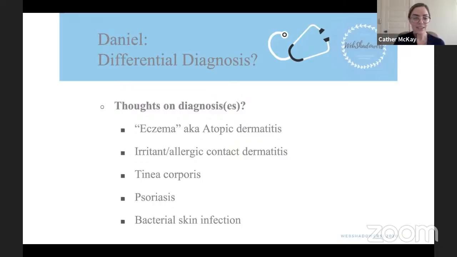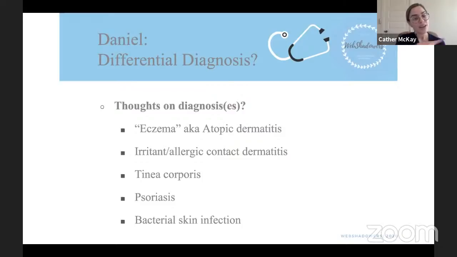So other things you could think about. I mean, this is a pretty clear case of atopic dermatitis, but irritant or allergic contact dermatitis. So you could think about that. The way that his is distributed and it's all symmetric, and the other signs that he has on the face that we're going to talk about, those all point more towards the intrinsic atopic dermatitis.